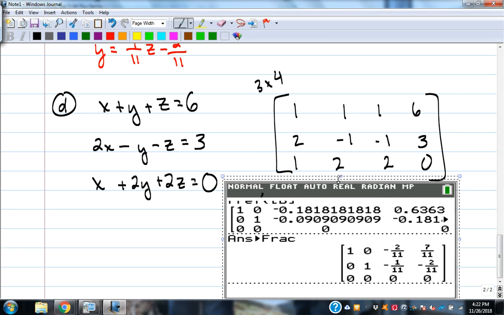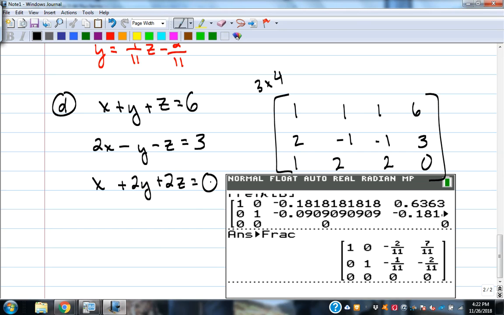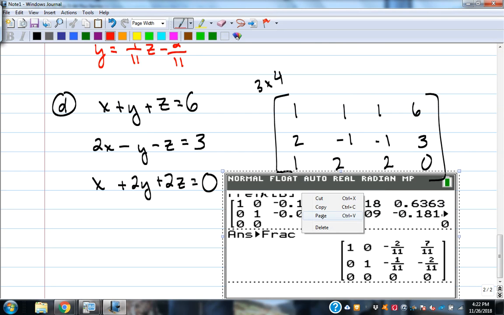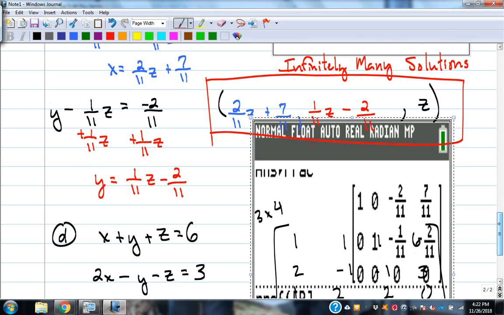Let's squish that a little bit. See it. Good. This bottom row here says... I took the wrong picture, didn't I? I want that picture. Copy. Delete you. Paste you. There we go. That's the right one.